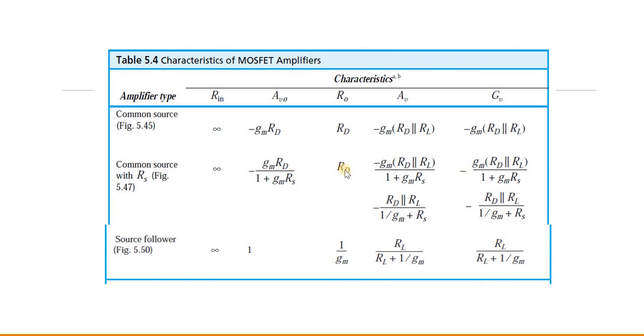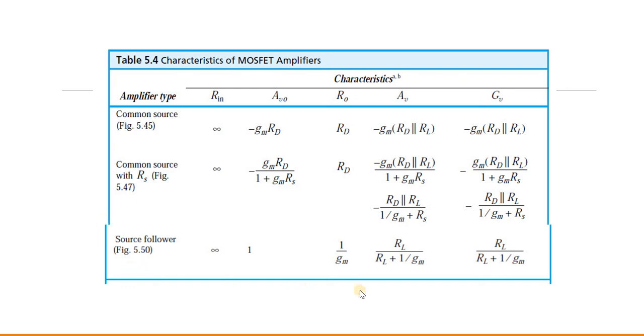And then the output resistance remains the same, that is RD, but your overall voltage gain, again it is reduced by the factor 1 plus Gm into Rs. So you need to remember only this factor in common source with Rs, that is the gain reducing factor 1 plus Gm into Rs. This also can be written as RD parallel RL, taking Gm to the denominator, 1 by Gm plus Rs. Either you remember 1 plus Gm Rs or else 1 by Gm plus Rs. I think this will be easy for you to remember, 1 plus Gm into Rs.